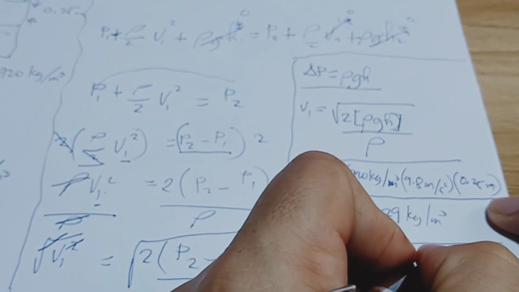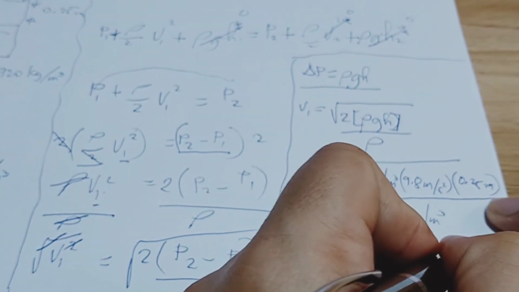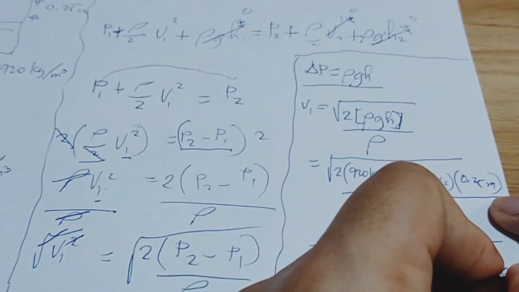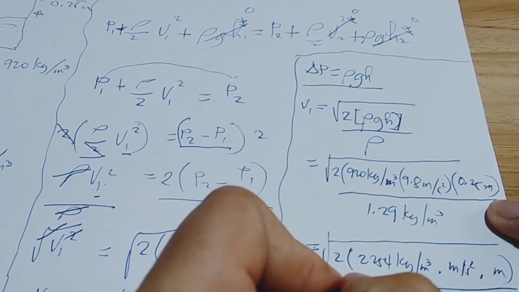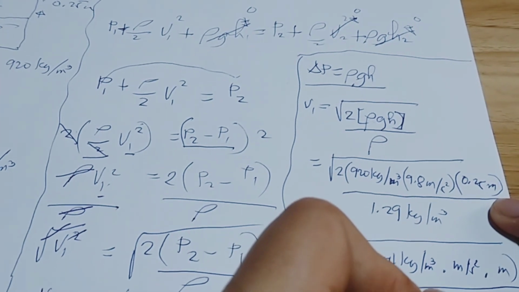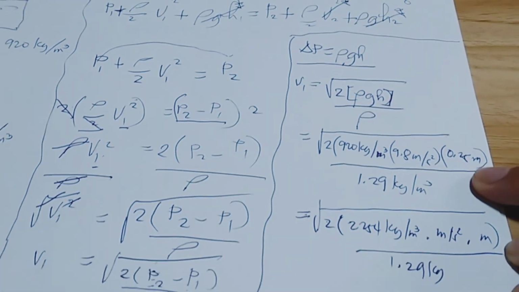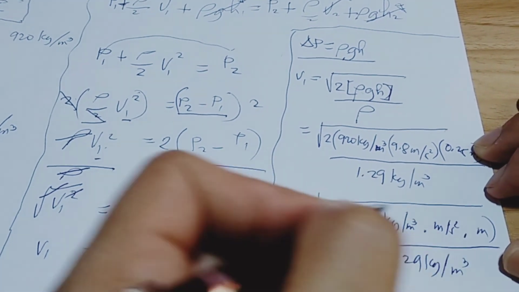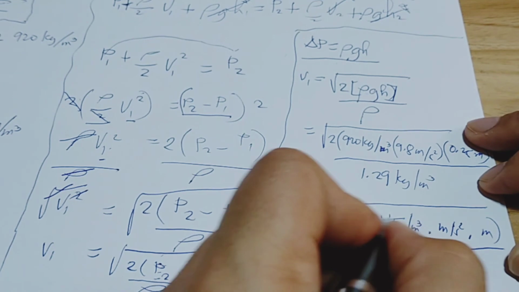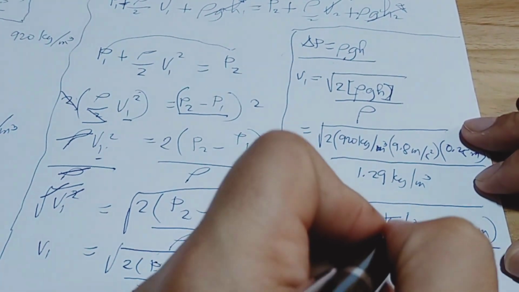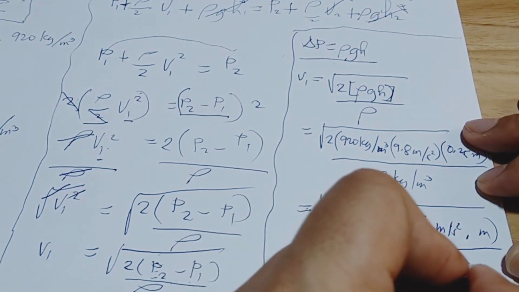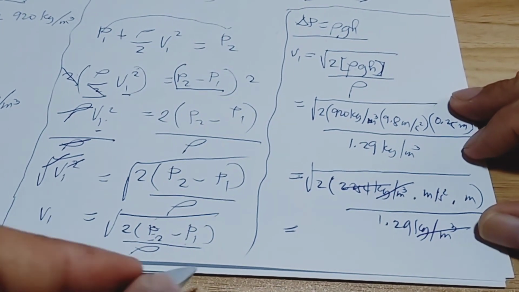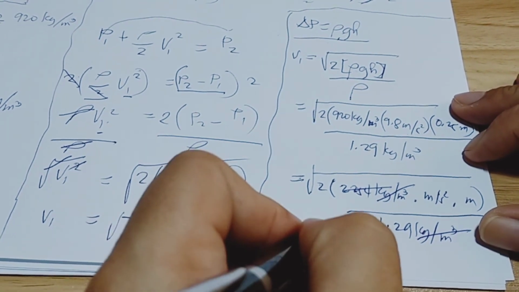Kilogram per cubic meter dot meters per second squared dot meter, all over 1.29 kilograms per cubic meter. Pwede na natin i-cancel out to, I mean, ito tong unit lang, hindi to itong unit.